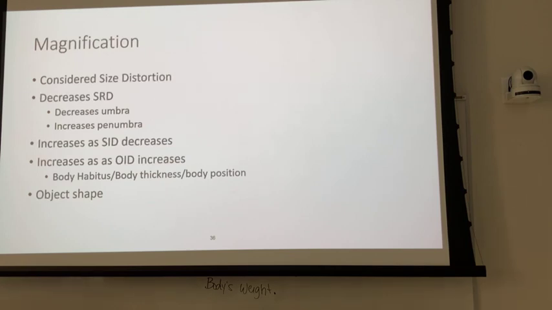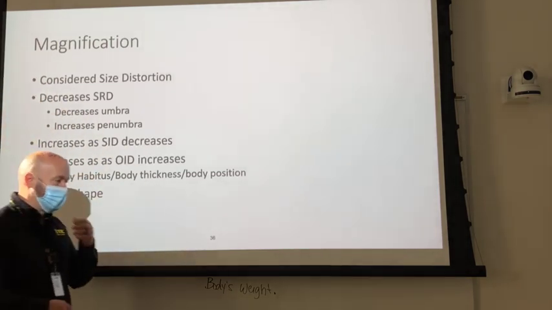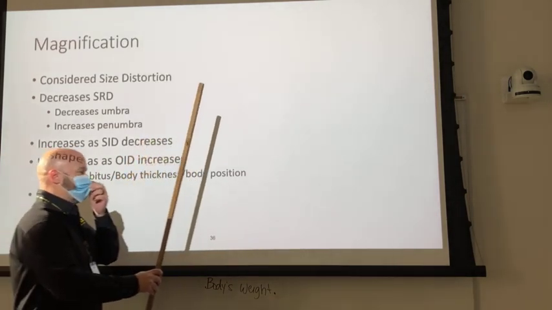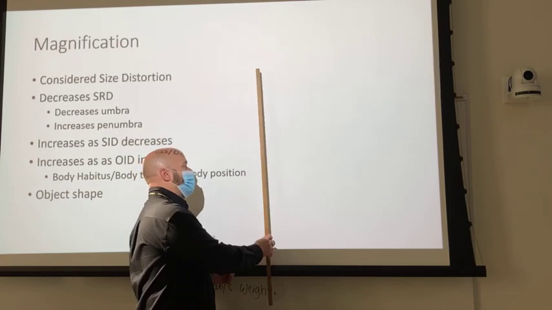Okay, so magnification is considered a type of distortion. It decreases sharpness of recorded detail, and the main way that we limit magnification is by having a low object to image distance.